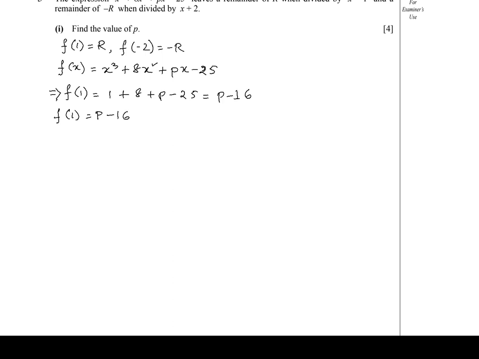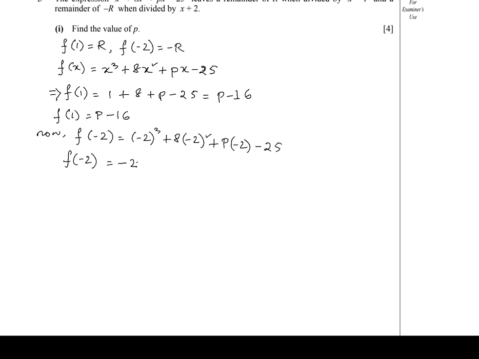Now let's try to find f(-2). Using x equals minus 2, we can write f(-2) equals (-2) cubed plus 8 times (-2) squared plus p times (-2) minus 25. No, it's supposed to be 8. Let me erase it.